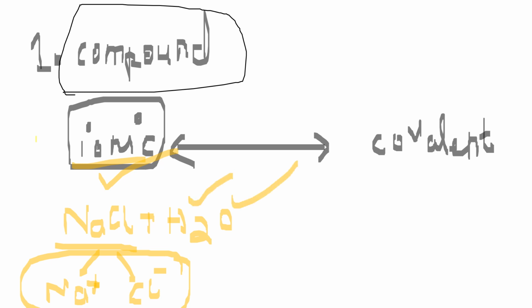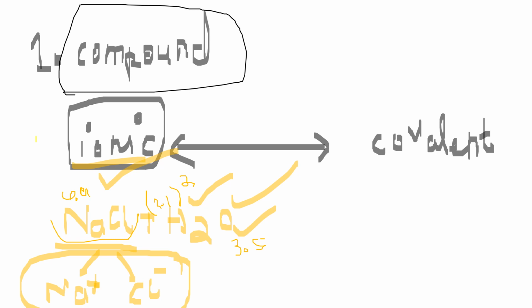If we see, the electronegativity of the oxygen is 3.5. The electronegativity of the hydrogen is 2.1. Apart from that, if we look at sodium and chloride, the electronegativity of the sodium is 0.9, as it is a metal. Metals have electronegativity less than 1.